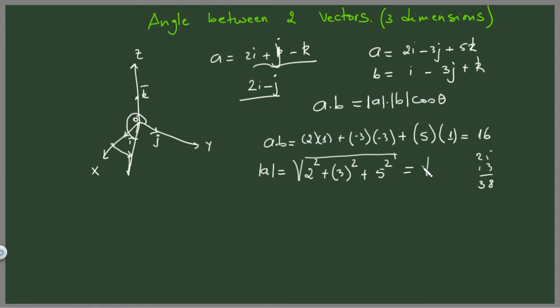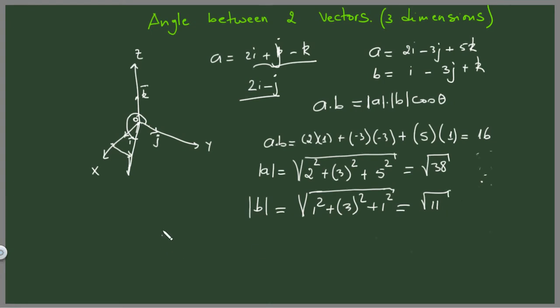So we have the square root of 38. The magnitude of b will be equal to 1 to the power 2 plus minus 3 to the power 2 plus 1 to the power 2. So this is equal to 1 plus 9 plus 1, that is the square root of 11.